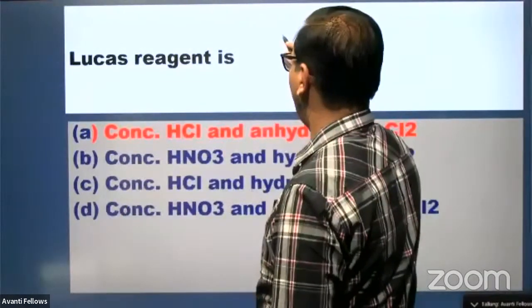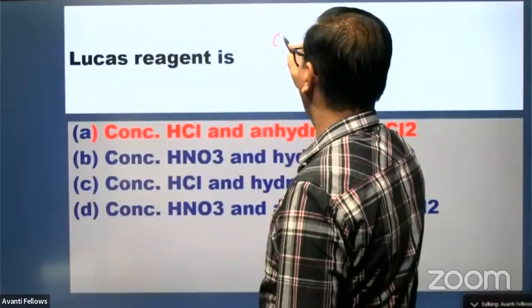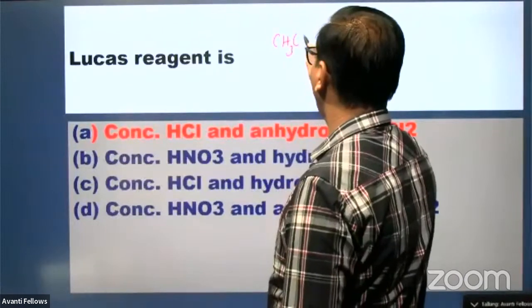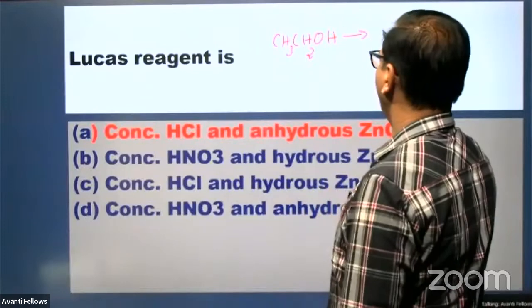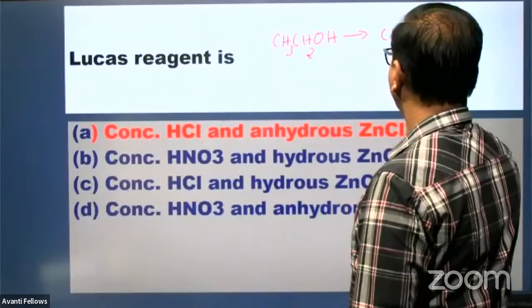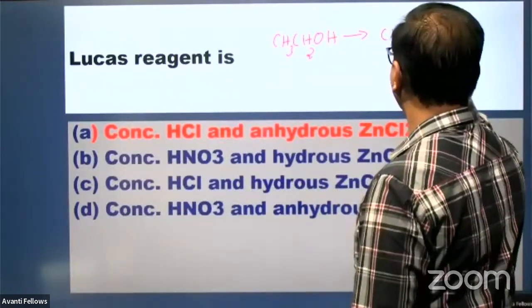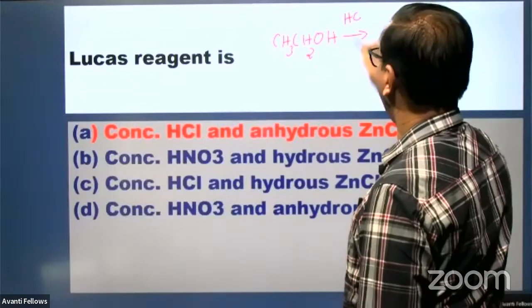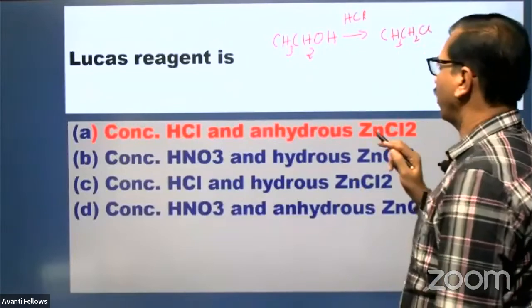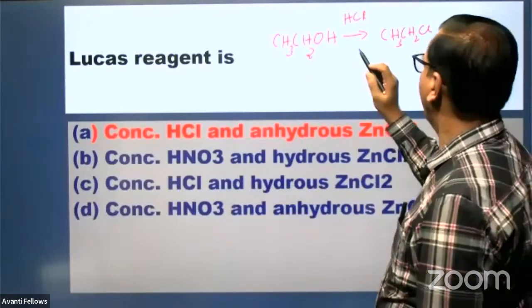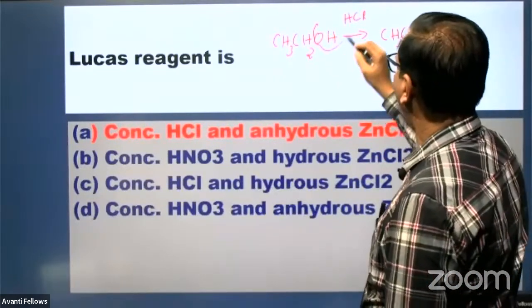HCl. Okay. Lucas reagent is used for conversion of alcohol. Say ethyl alcohol, if I take, it is converted into CH3CH2Cl. So HCl makes the change, right? And why is the anhydrous zinc chloride needed? Anhydrous zinc chloride is a dehydrating agent.